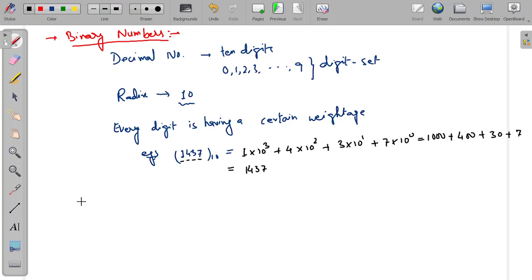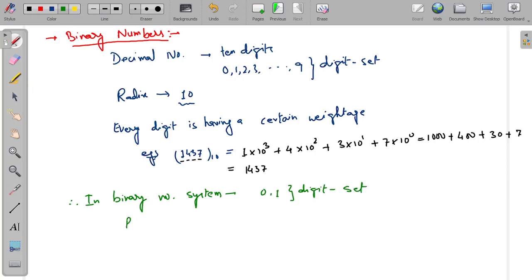Okay, so similarly, going down for the binary number system, as we know that there are only two digits, 0 and 1, so this is its digit set.